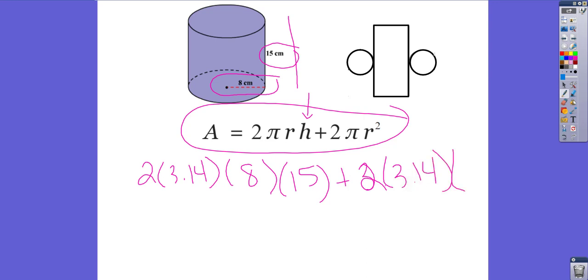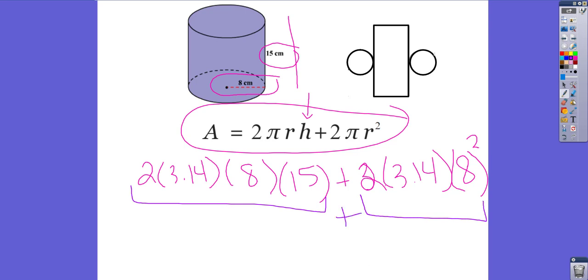And then it wants my radius squared because that's how I found the area of the circle. Okay, so first I'll have to solve my multiplication on this side and this side, and then I can add those two.